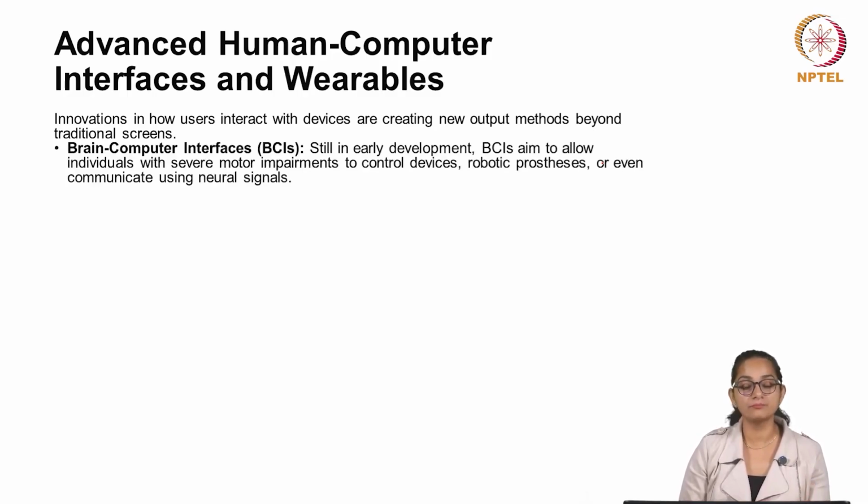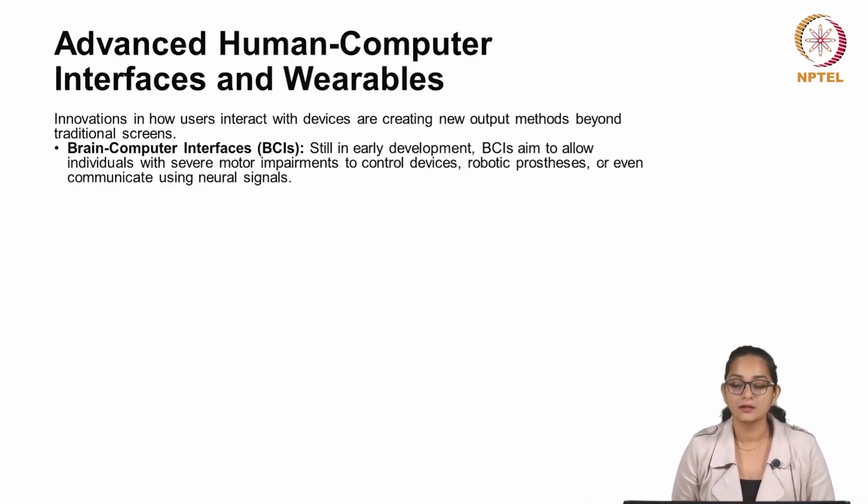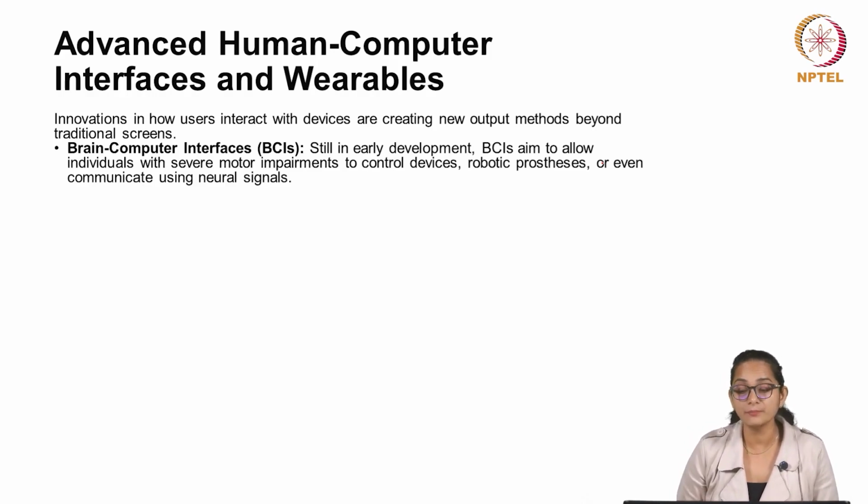So, BCI, or brain computer interaction, is something that we have talked about. Still in early development, but BCI aims to allow individuals with severe motor impairments to control devices, robotic prosthesis, or even communicate using neural signals.